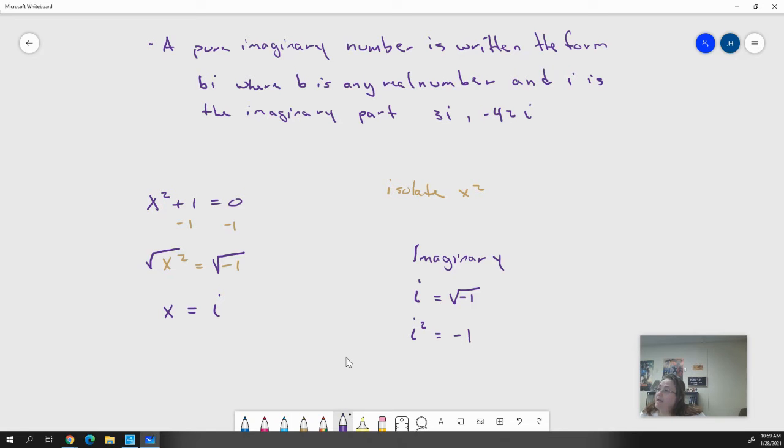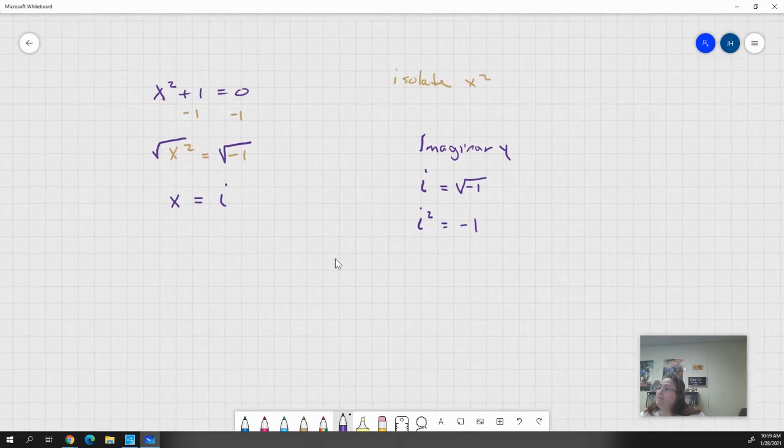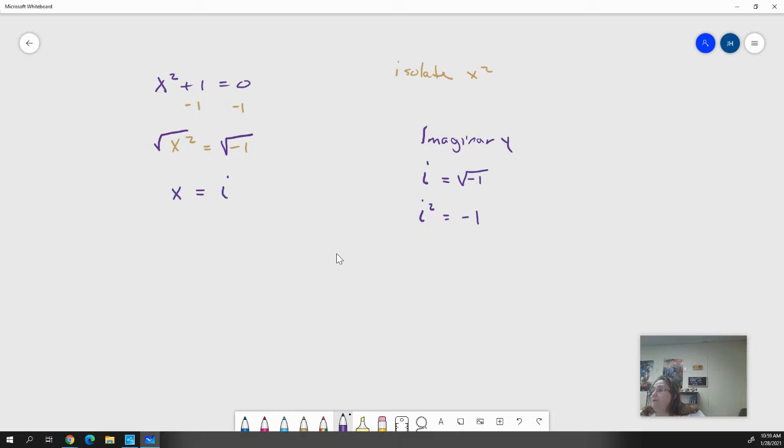And when you think about that, it kind of makes sense, right? Because if I have the square root of -1 and I square it, I'm going to get whatever is underneath the radical.